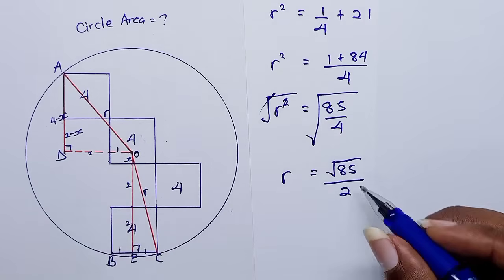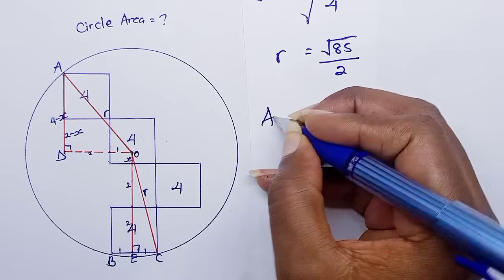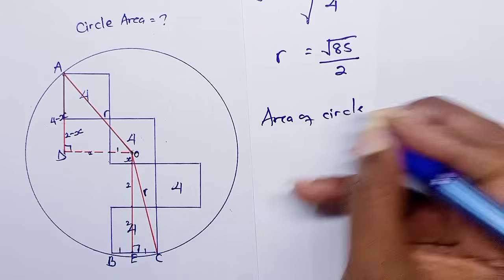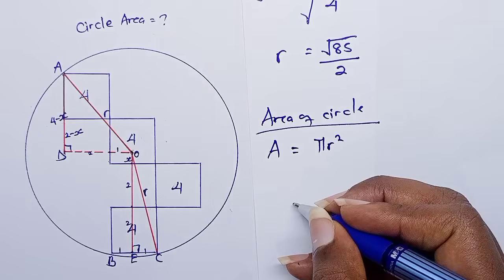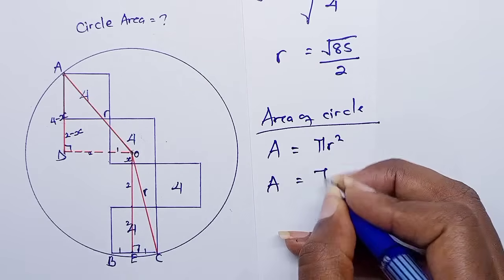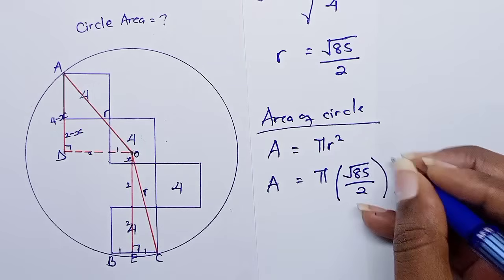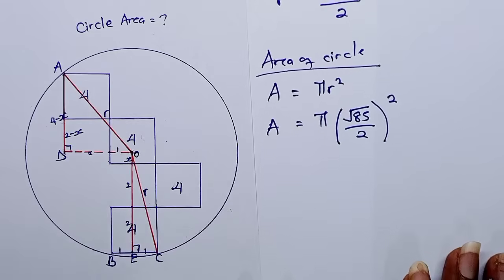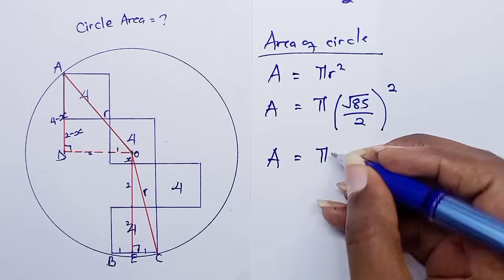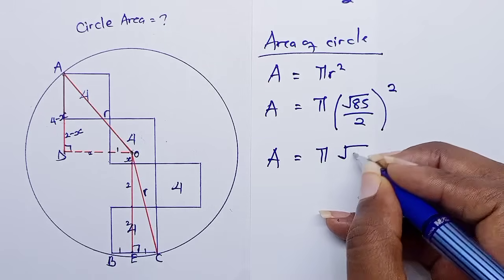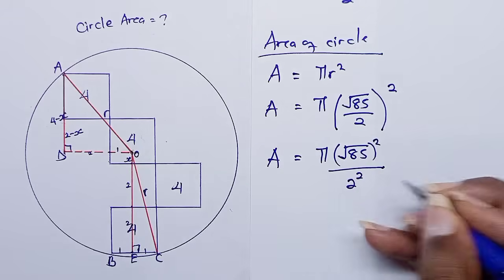Now that we have the value of the radius of the circle, we can now find its area. So we know that the area of a circle is given by pi r squared. Therefore, area is equal to pi, and we've got our radius as root 85 over 2, which is squared. So we have area being equal to pi times root 85 squared over 2 squared.